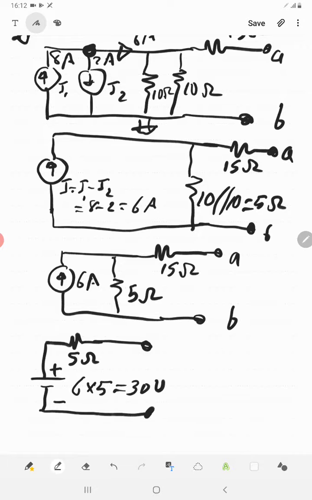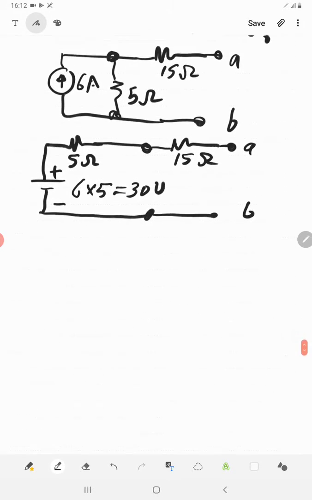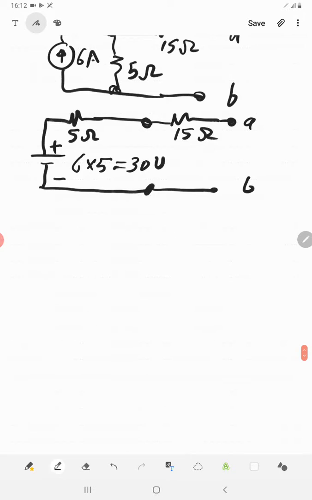Then these are these 2 points here. Then we have a series resistance with them, 15 ohms, and here we have A and B. Okay? Then the 15 and 5 are in series, so 15 plus 5 equals 20.